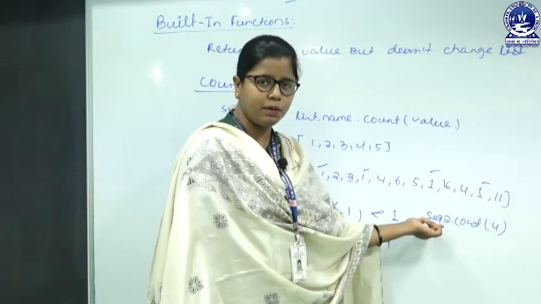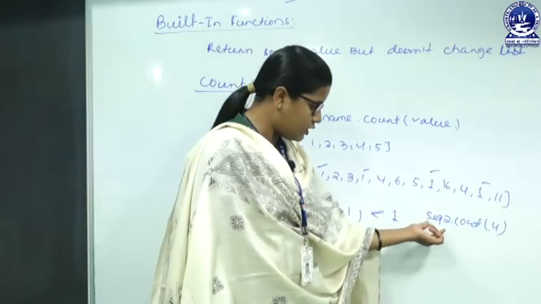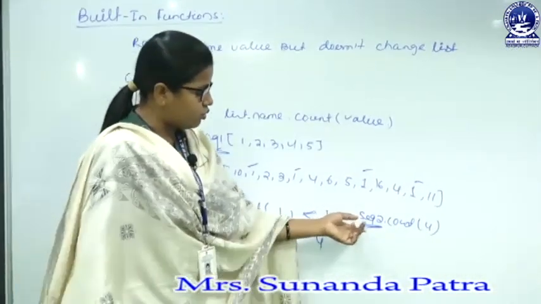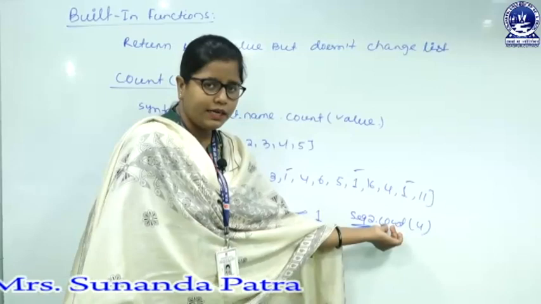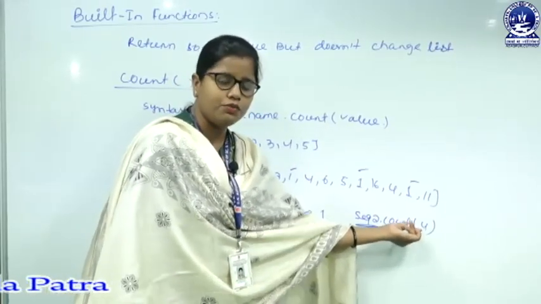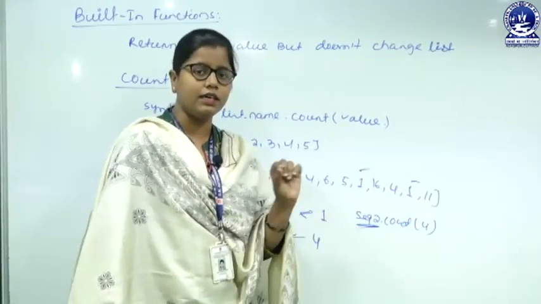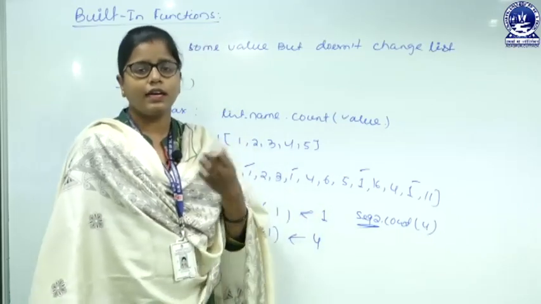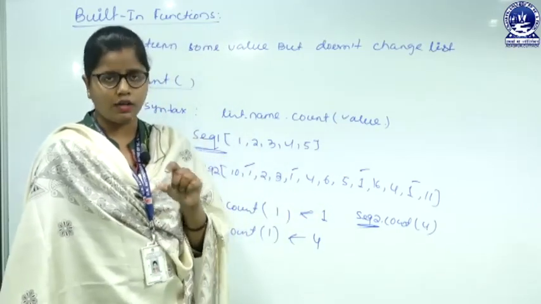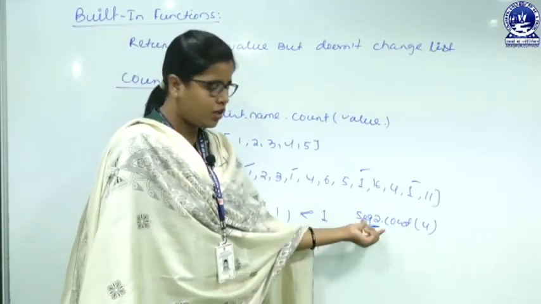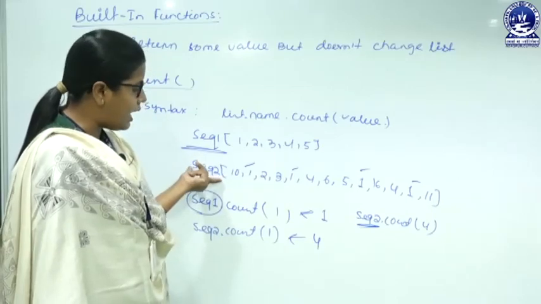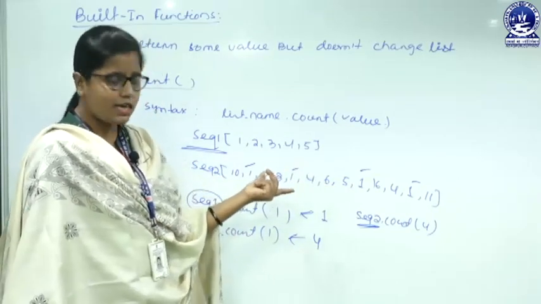So we have to remember this syntax. First we mention the list name, that is sequence 2, then we use the built-in function count, and we give a parameter, that is a value, whose occurrences in sequence 2 we want to return. So here it is 4. Checking sequence 2, how many times is 4 there?